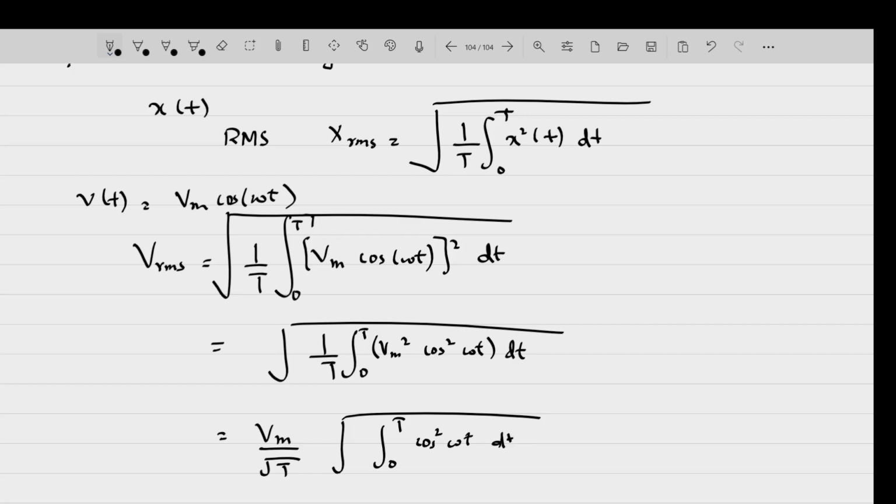Fine. So cos square omega t, you can write that as 1 plus cos 2 omega t divided by 2. डायरेक्टली हम cos square omega t को इंटीग्रेट नहीं कर सकते, so we are converting it into 1 plus cos 2 omega t divided by 2.